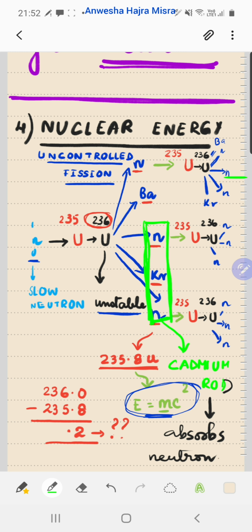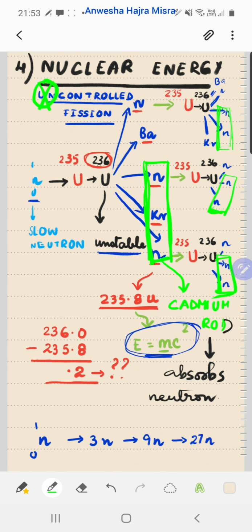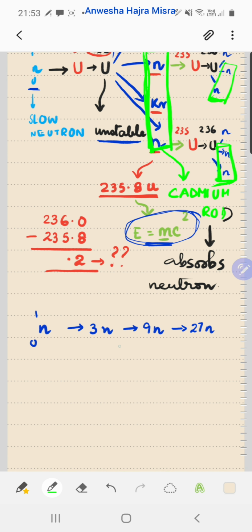Again, when 3 neutrons come out, we can use cadmium rods to absorb the neutrons, so that only 1 neutron goes. So uncontrolled fission will become controlled fission, and the energy can be used to produce electricity, and that is known as a nuclear reactor.